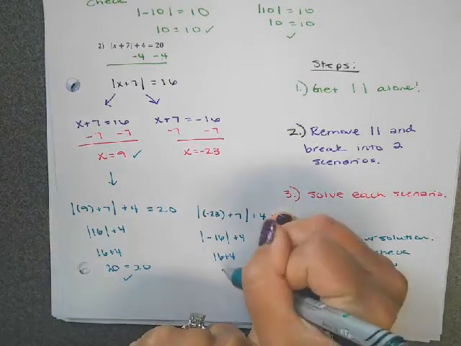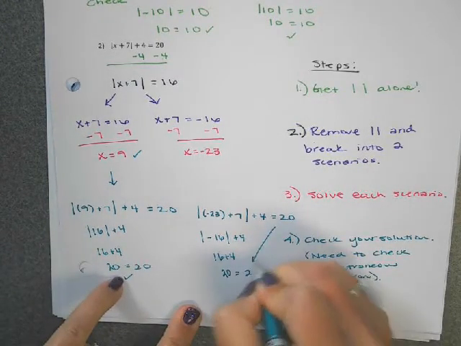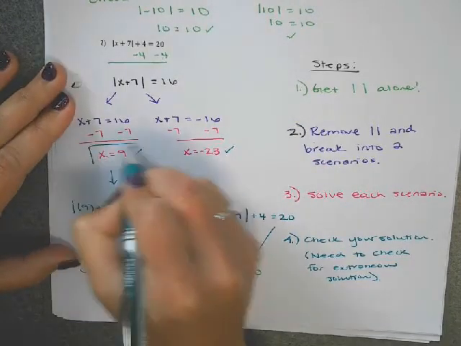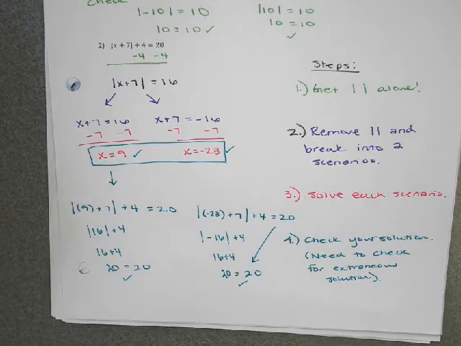And I again have 20, which is equal to 20. And that one is also a solution. So in this case I have two solutions, and those are my two solutions. Am I good to move on to the back?